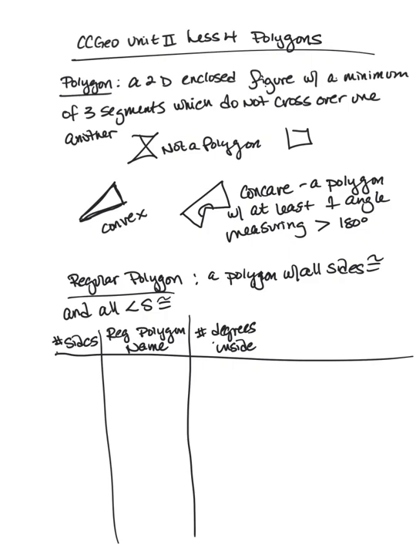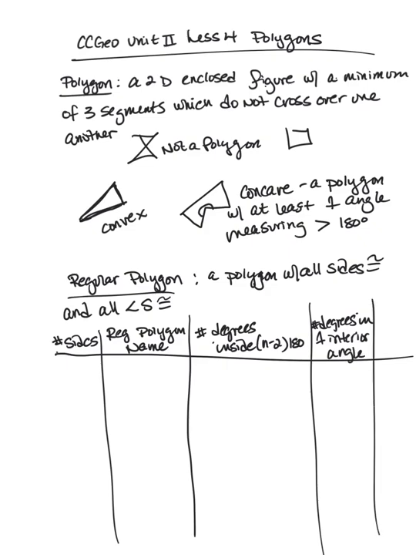This is going to come from the formula n minus 2 times 180. You don't have to memorize that formula. You could just memorize the degrees, but most people do memorize the formula. Okay, the number of degrees in one interior angle and the number of degrees in one exterior angle.